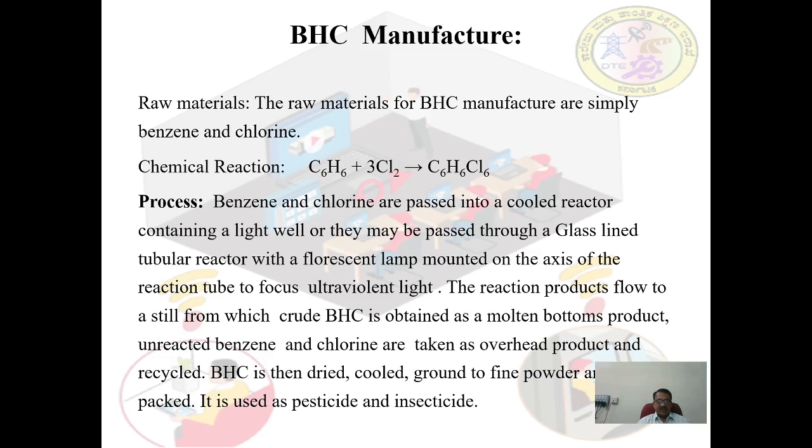Next question. Contact of DDT with iron must be avoided to avoid dash of DDT. Option A, decomposition. Option B, oxidation. Option C, hydration. Option D, dehydration. The right answer is option A.